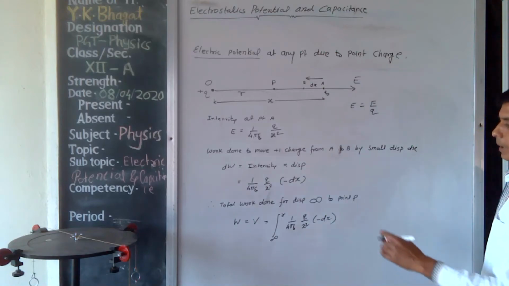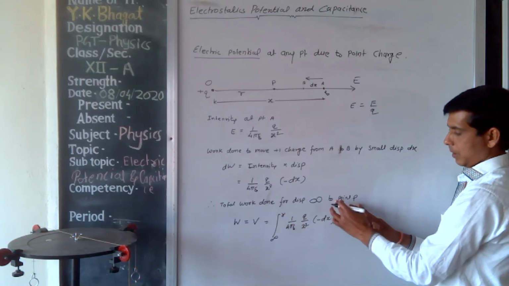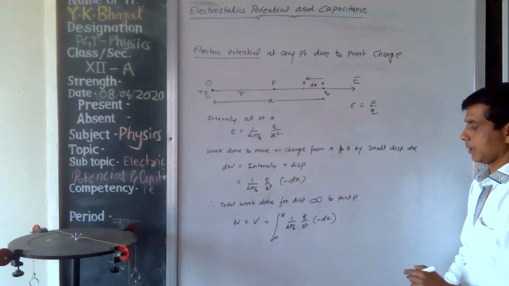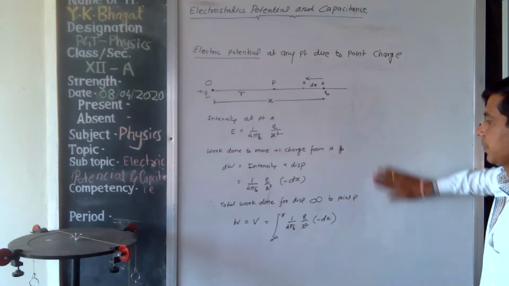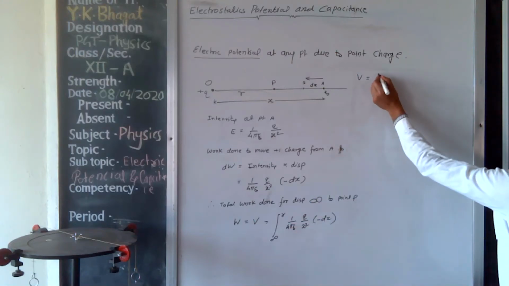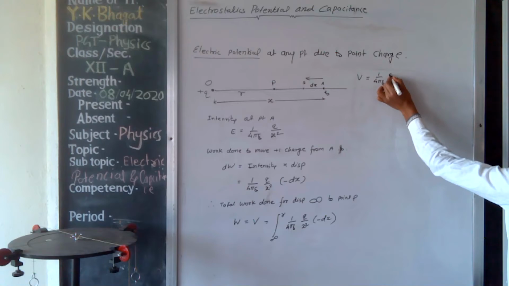Lower limit infinity, upper limit is r, not P. P is a point, and r is the distance of that point. So r is taken here. Now V equals 1 upon 4 pi epsilon naught, taking q common again.